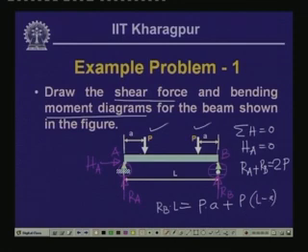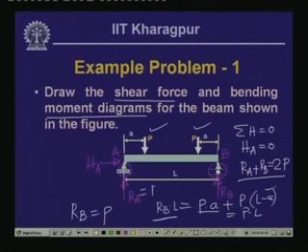P times A minus P times A gets cancelled, so this is equal to P times L. This gives us the value of RB as P, and since RA plus RB equals 2P, RA also is equal to P. So the reactive values RA and RB are equal to P.